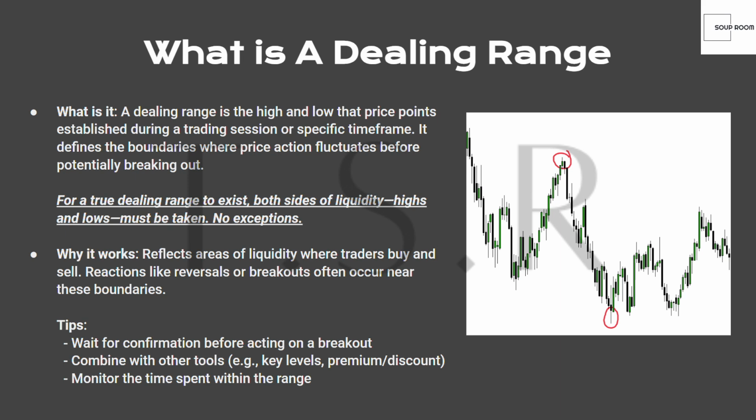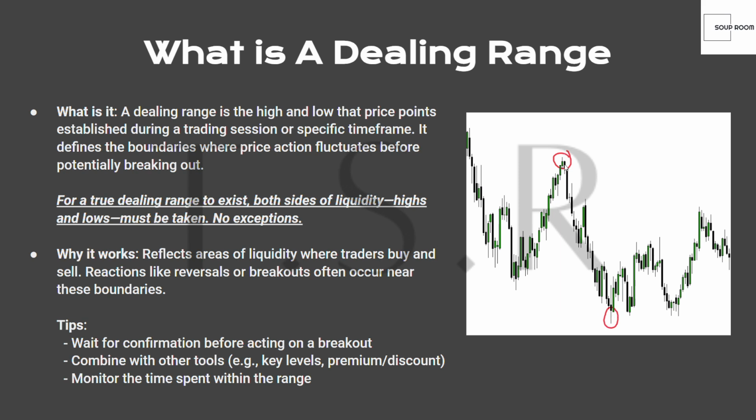So what does this paragraph actually mean? First off, a dealing range is the high and low. We have the high and low that price points established during a trading session or a specific time frame. During this specific time, during this specific session, price formed a high and low.